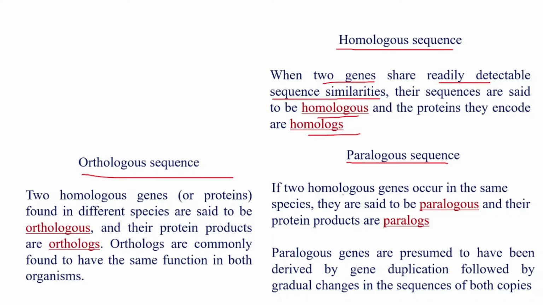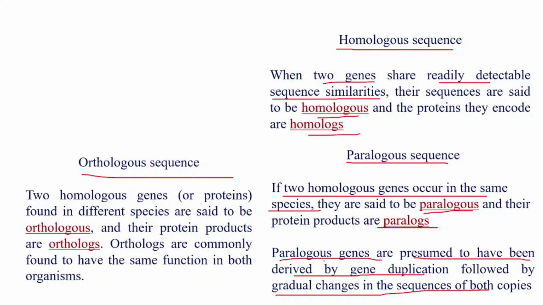When two homologous genes occur in the same species, they are called paralogous, and the proteins they encode are called paralogs. These paralogous genes are presumed to have been derived by gene duplication followed by gradual changes in the sequence of both copies.